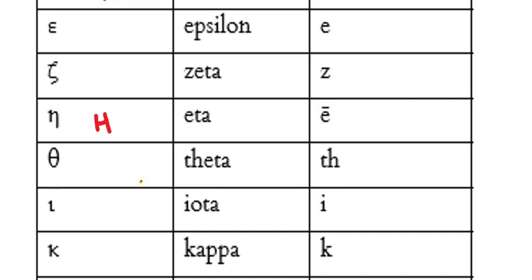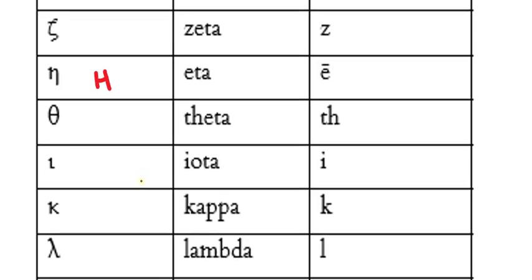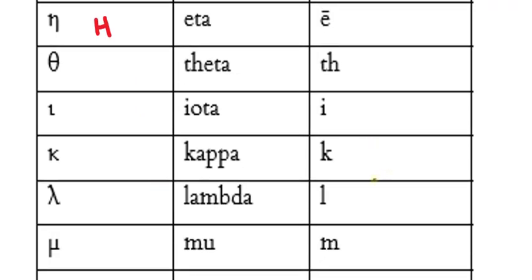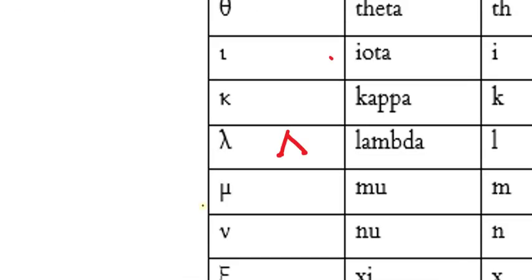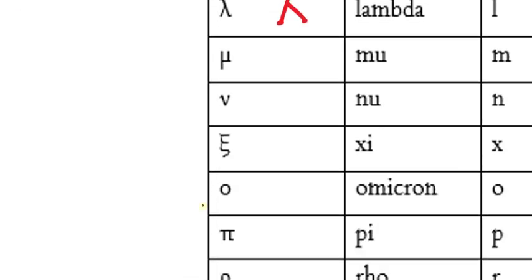The lambda, that doesn't look like an English L either. You'll see like little feet there like that. Okay. So that's the lambda. The xi. The xi is a rather strange looking letter.